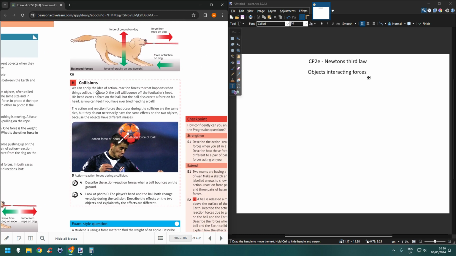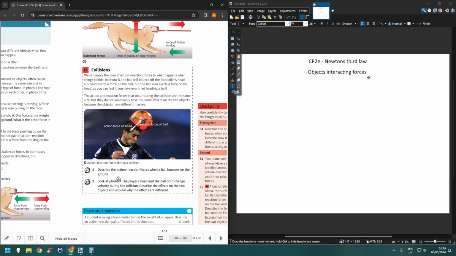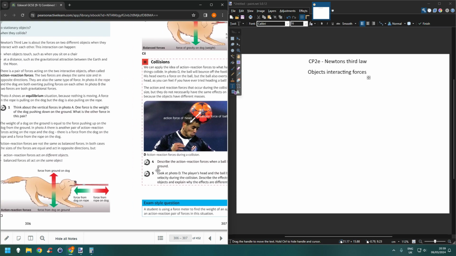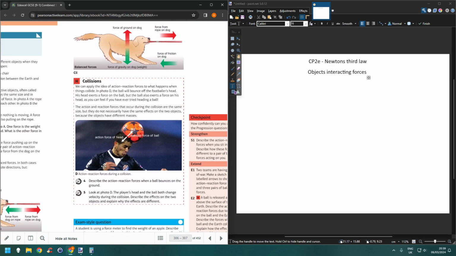Collisions. We can apply the idea of action-reaction forces to what happens when things collide. The action-reaction forces that occur in a collision are the same size, but do not necessarily have the same effects on the two objects, because the objects will have different masses. Describe the action-reaction forces when the ball bounces on the ground. The ground pushes up on the ball, ball pushes down on the ground.